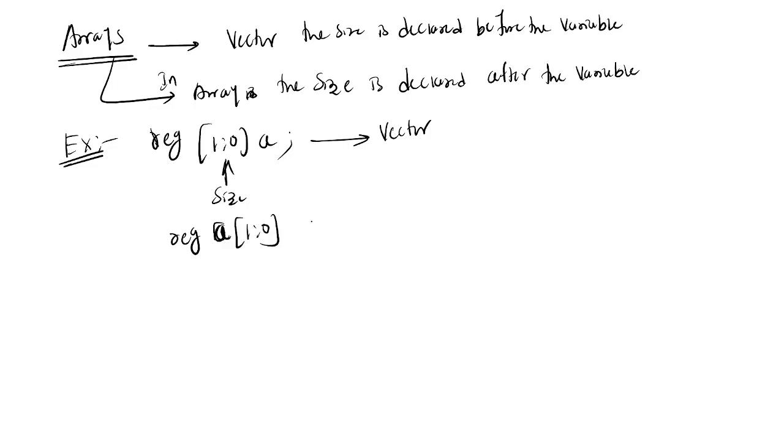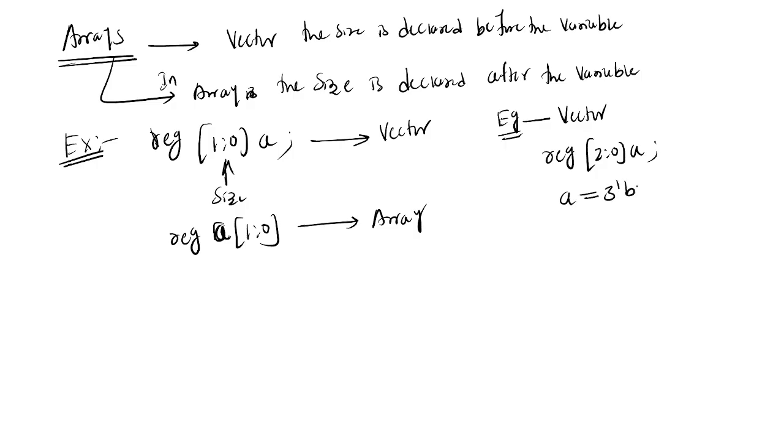This is an array. For a vector example, reg 2 down to 0 a, a equal to 3'b011. This is 3 bits.